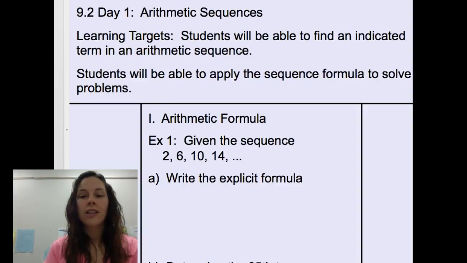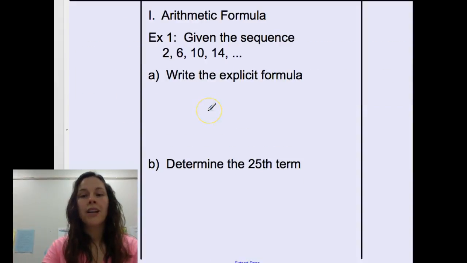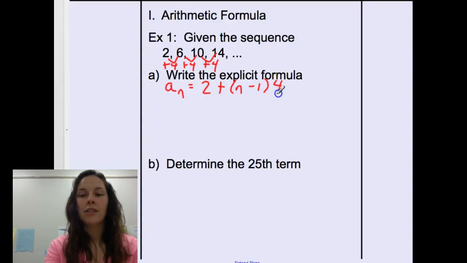First, we're going to take a look at that explicit formula. We've got a sequence. We can tell what that common difference is. We're adding 4 to get the next term, and that is consistent. If it's not consistent, it's not an arithmetic sequence. So for the explicit formula, the nth term equals the first term plus n minus 1 times the common difference.